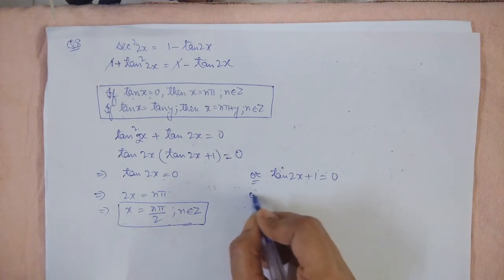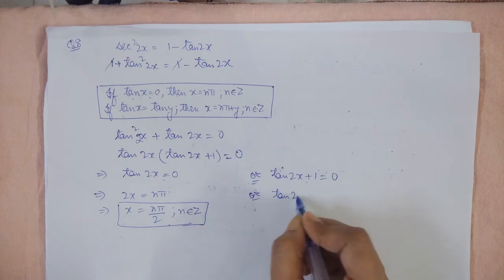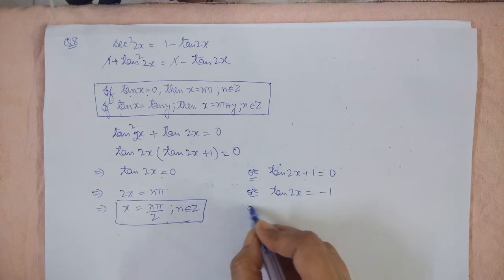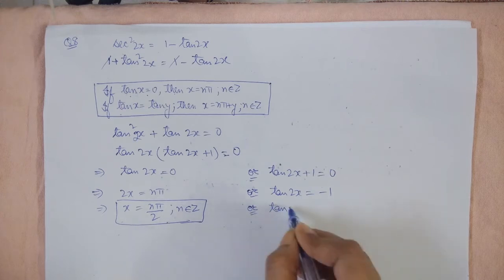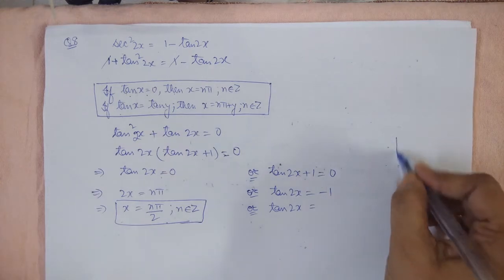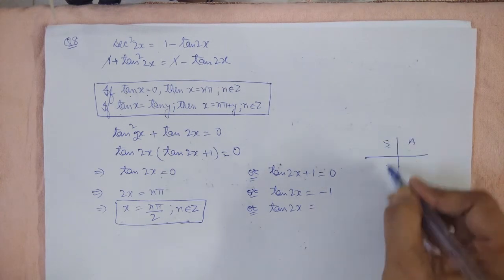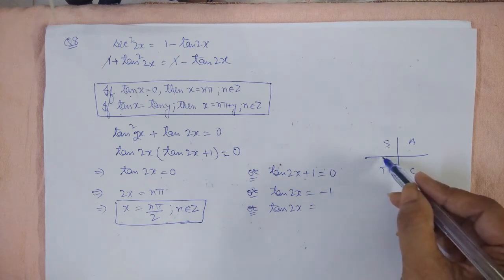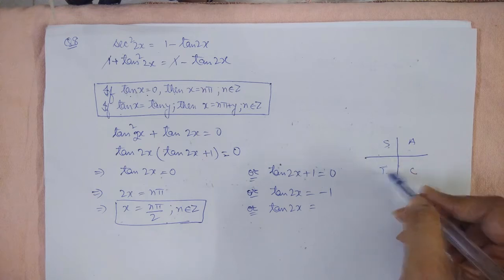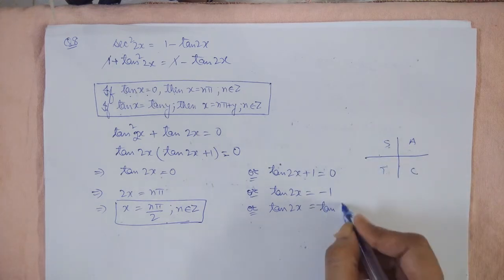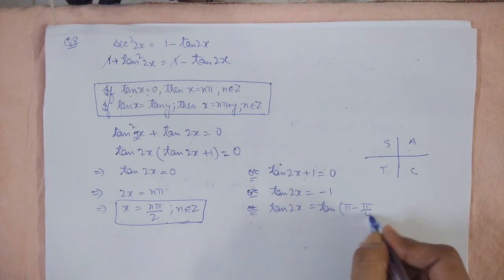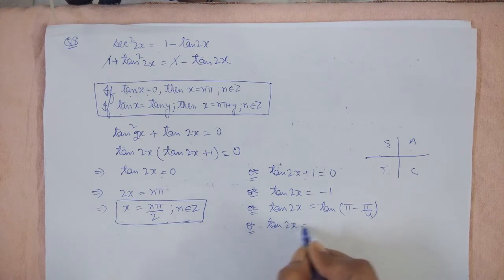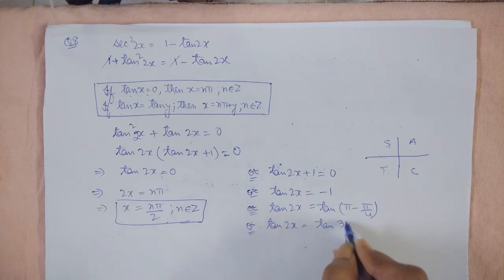Now, here you will take tan 2x equal minus 1. Now, we have to see in which quadrant it should lie in terms of tan. So, it will lie where add sugar to coffee, so it is 1 pi by 4, 180 pi minus theta. So it will be tan(pi minus pi by 4). Solve it further. Tan 2x equals tan 3 pi by 4.